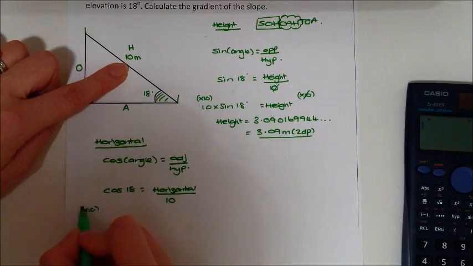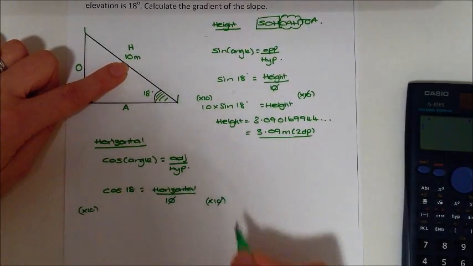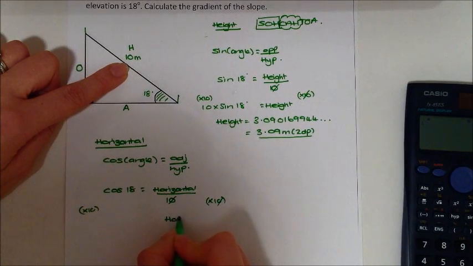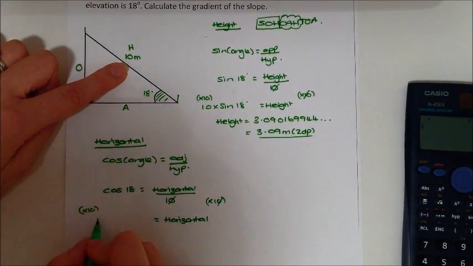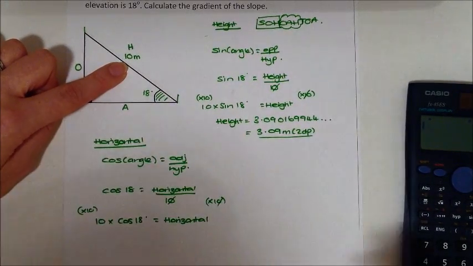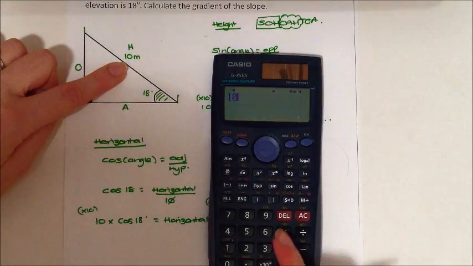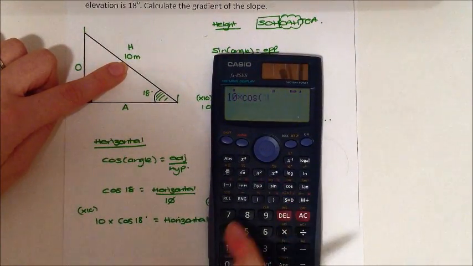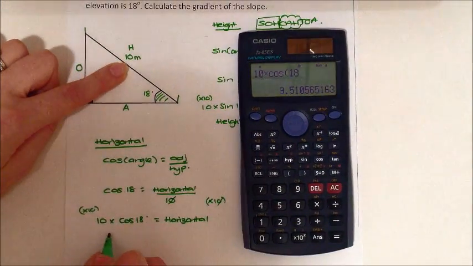So we do that to both sides. That cancels out this dividing. And we're going to do the same to this side, so this is now 10 times cos 18. Now again, as long as your calculator is in degrees, we can type this in. So we've got 10 times cos 18, and we're going to write all that down.